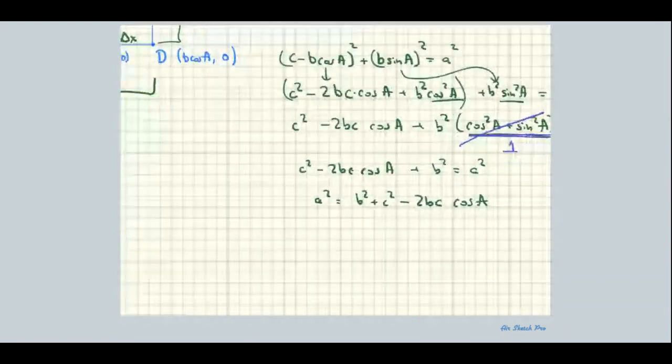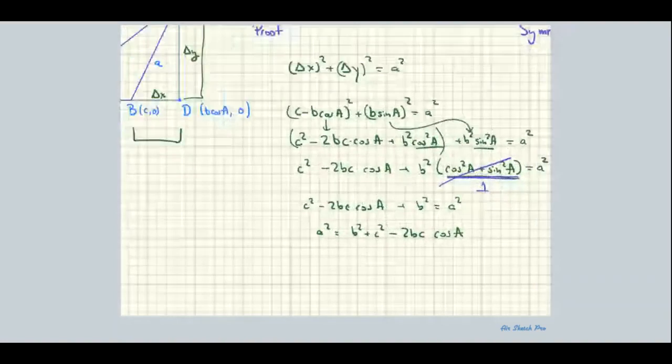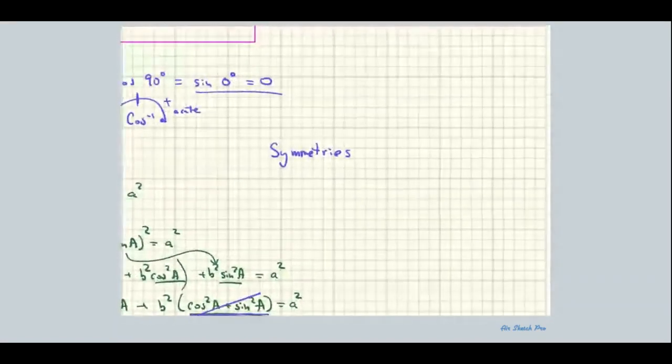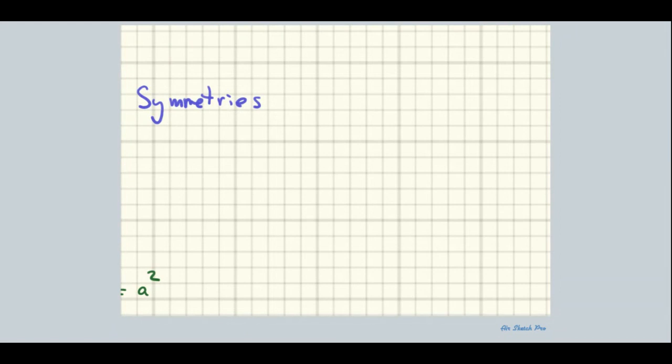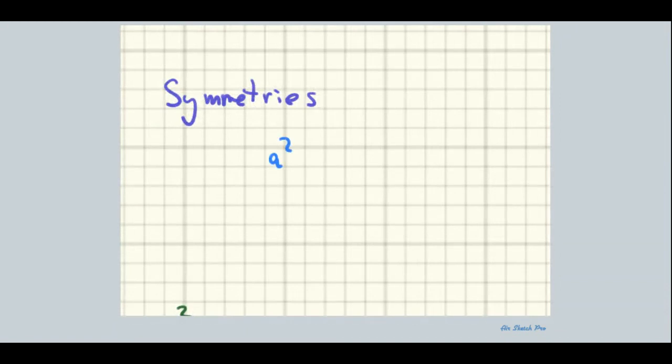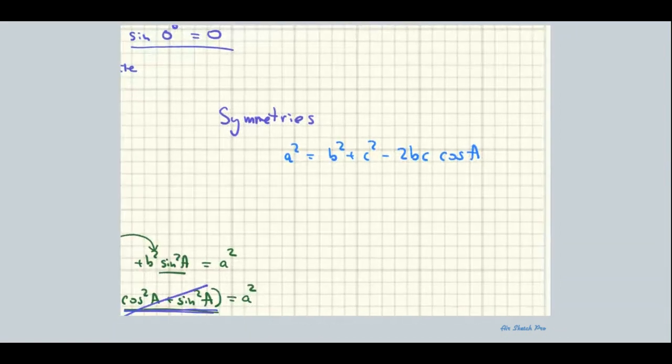Now here's a cute thing that happens. To find the symmetric forms, you start off with one form: a squared equals b squared plus c squared minus 2bc cosine A. That's the one we just proved, okay?